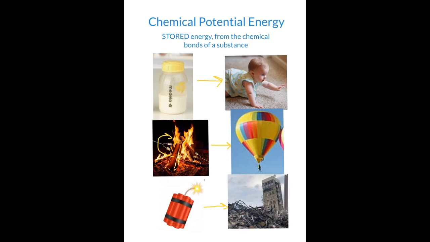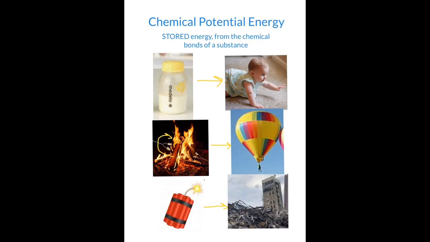For instance, breast milk, when you feed it to a baby, gives them the energy to not only grow, but to move. If you do not put this type of potential energy into the baby, it won't have the potential to grow, it won't have the potential to move. Remember, think about what happens to you if you don't eat. You get weaker, and you get weaker, and you get weaker, and you don't have any stored energy to use.